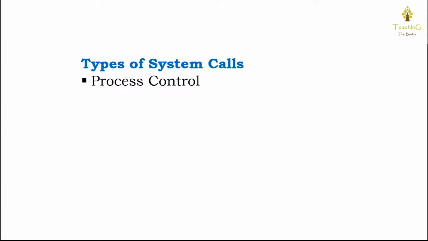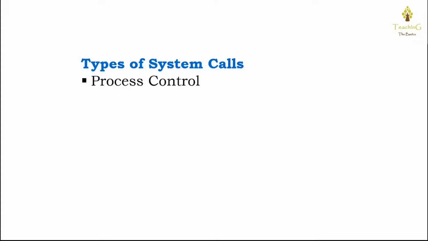This system call is used for creating a process, aborting a process, loading or executing a process, terminating a process, waiting for an event or signal, and allocating, reallocating or freeing memory. All those operations that a process deals with are handled by process control.